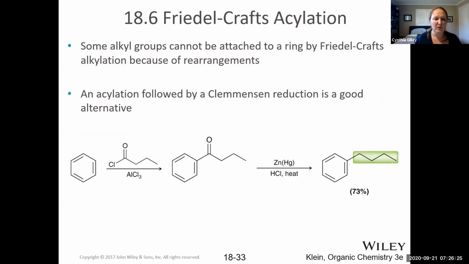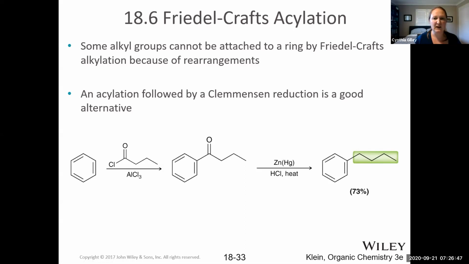Okay, remember we talked about we unfortunately cannot introduce a propyl or a butyl group through Friedel-Crafts alkylation because of rearrangements. So if we want to introduce a propyl group or a butyl group, we actually need to do a two-step process.